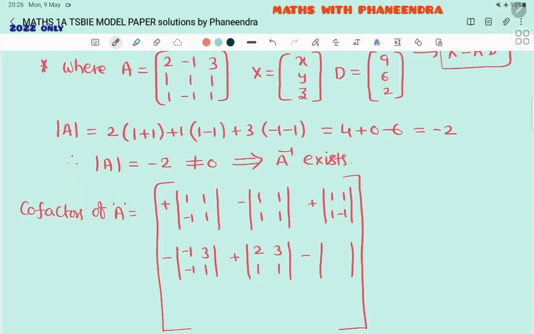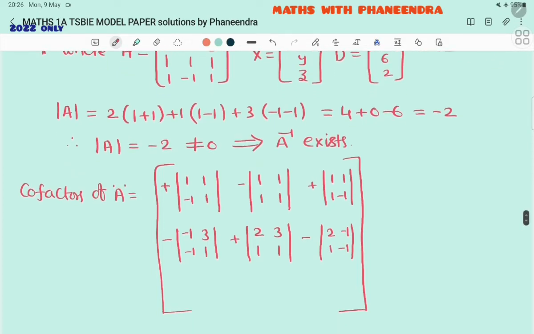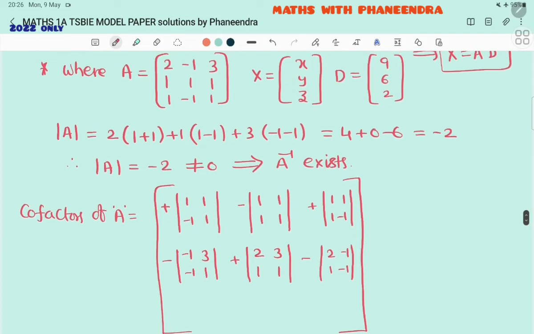So cofactor of 1 here in the second row third column, you can eliminate: 2 minus 1 1 minus 1. Next cofactor of 1 here, plus, so minus 1 3 1 1.